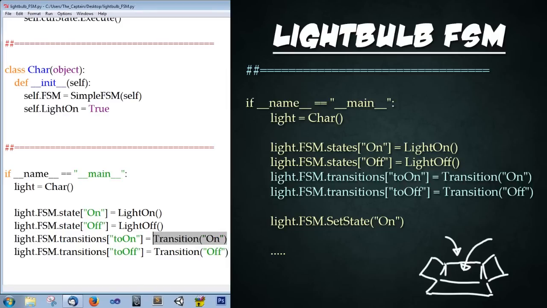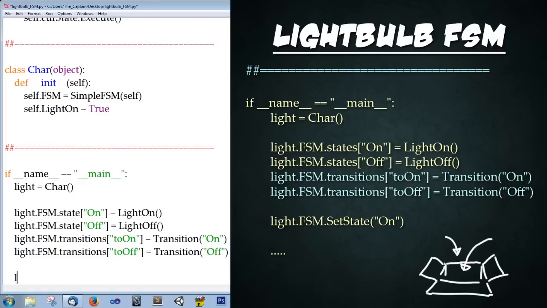We created an instance of those transitions and stored them within the dictionary of transitions. Note that this string right here, "on", matches the dictionary's instance of on up above. So what this is going to do is when we want to transition states, we're going to pass this string into here, and it'll spit out this state instance of LightOn. And the same for the off transition state.